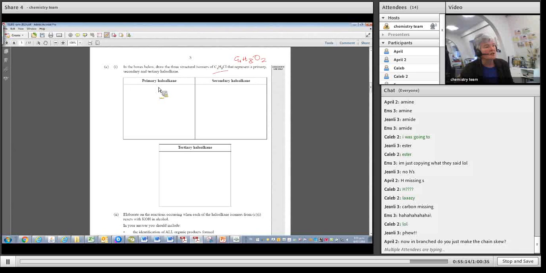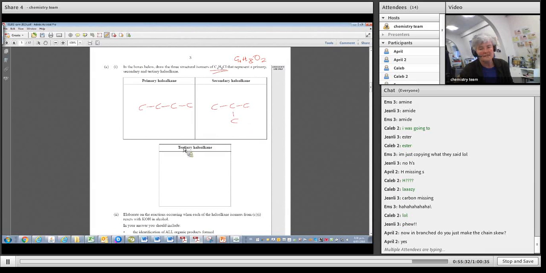So here, if I said draw a branched isomer of this, then you've got 4 carbons. If I did 4 carbons in a row, that's straight chain. If I did 3 carbons in a row and I made a side chain, is that what you mean by skew, April? It doesn't matter where the chlorine is.